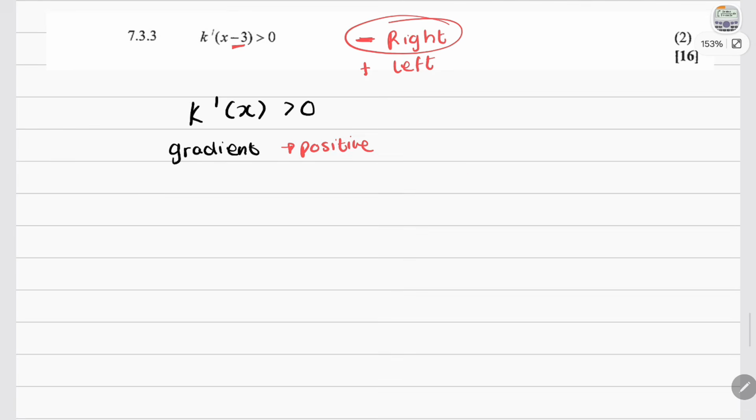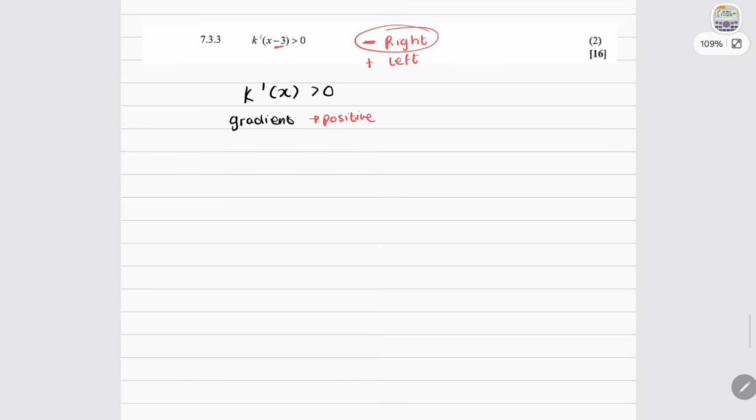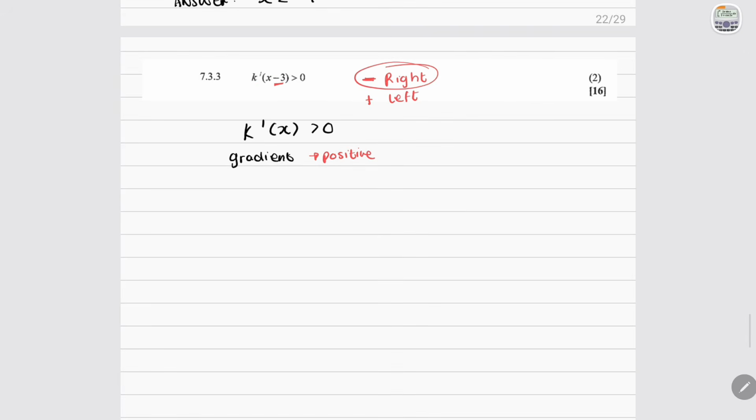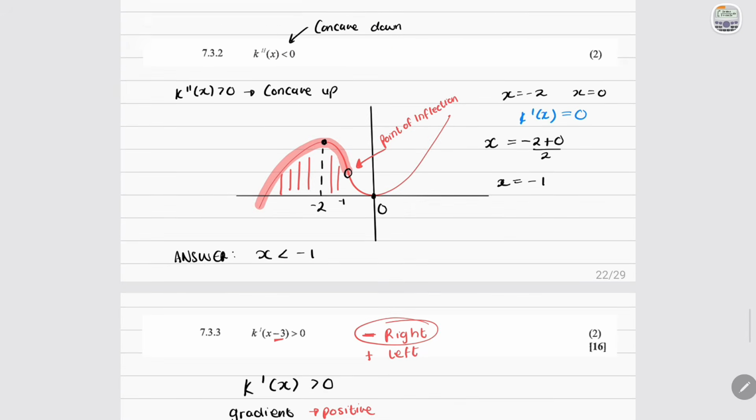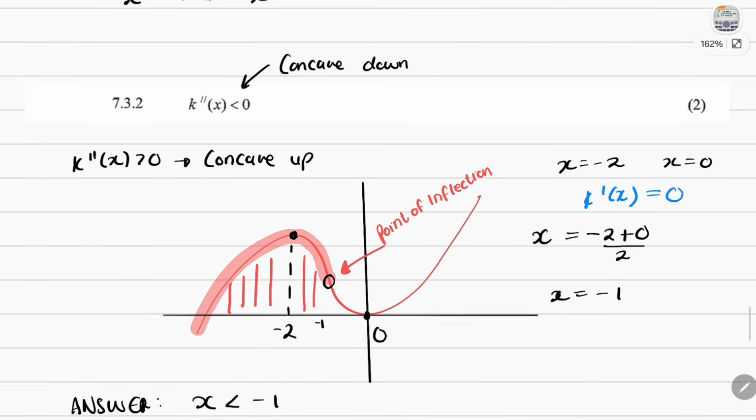Remember what positive gradients look like. If a line has a positive gradient, it is increasing, going up. So if the gradient is ever positive, just know that these are the places where the graph is increasing. So let's look at what they mean here first. Where is the graph increasing?